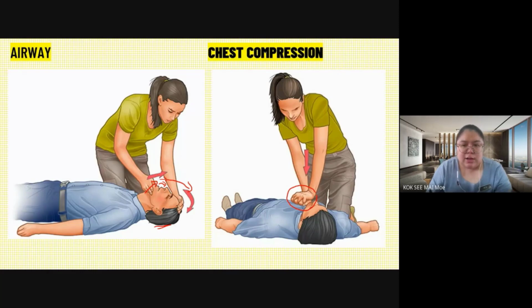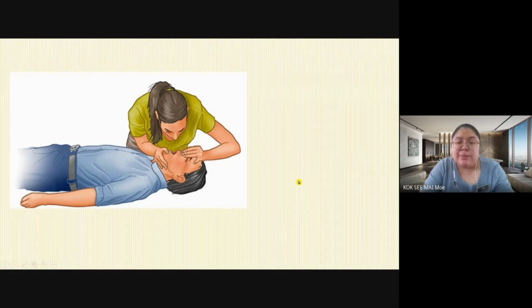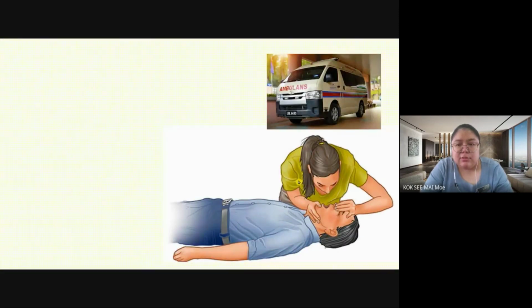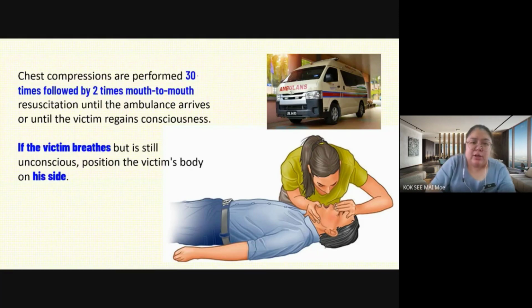Next, after the chest compressions, you need to do the breathing, mouth to mouth for the victim. This is called the breathing part. After that, you need to repeat this process for 5 cycles. The chest compression is performed 30 times, followed by 2 times of mouth to mouth, and we count this as 1 cycle.